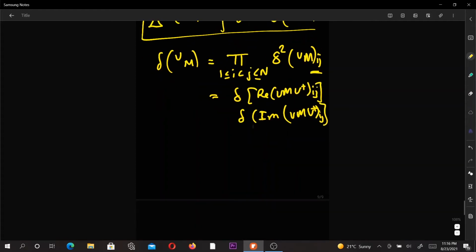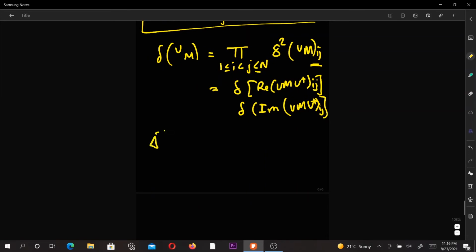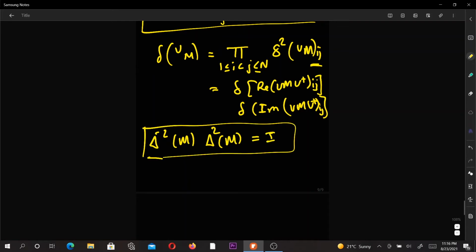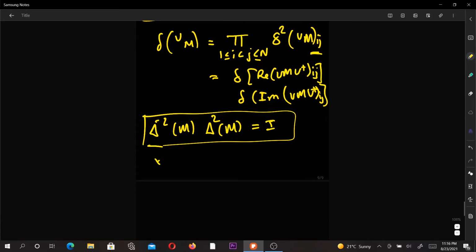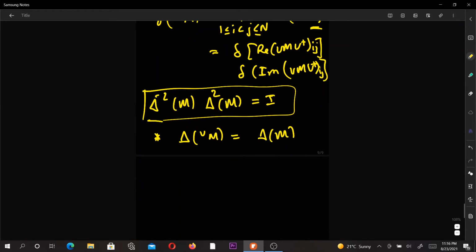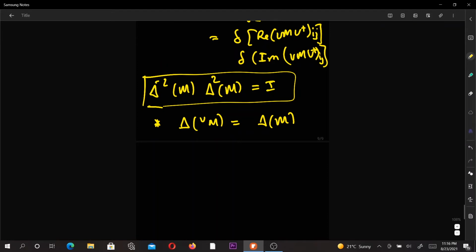Now, since we have this operator, this is identity, because an operator multiplied with its inverse gives an identity. Another property of this operator is that it's invariant under conjugation by a unitary transformation; its job is the same. Now let's see what it does to our partition function f of M. Let's introduce the operators.